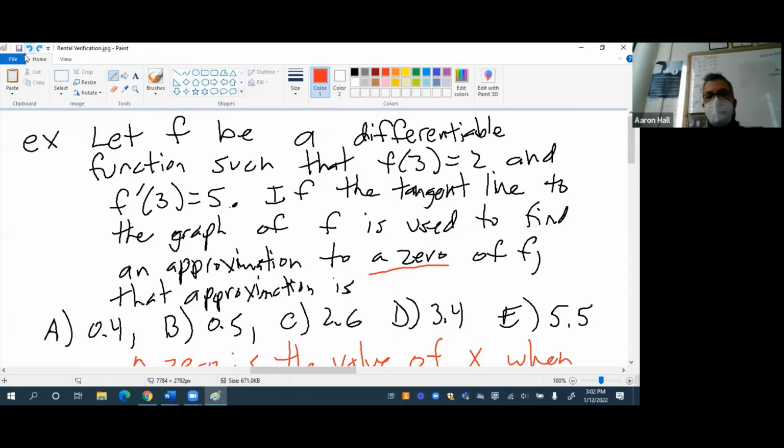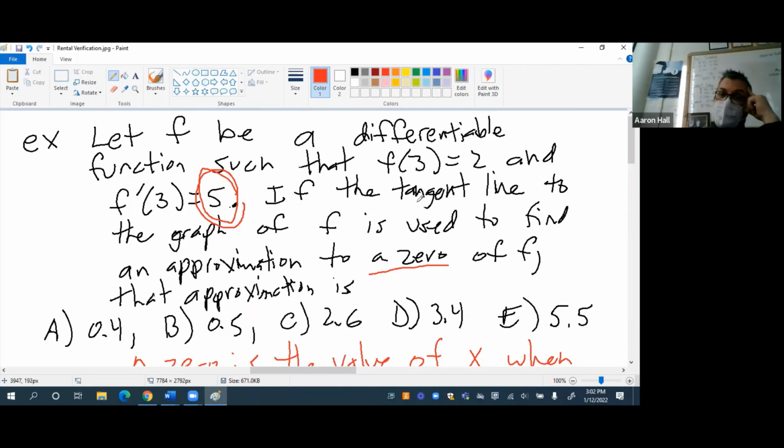So we're already given f prime of 3 equals 5. Wouldn't that already be our m value? What is m? Is it not 5? It is 5. Yeah, it's 5 when x is 3.